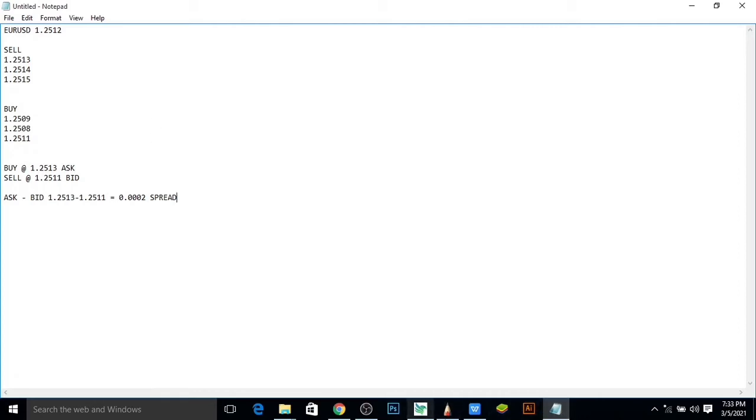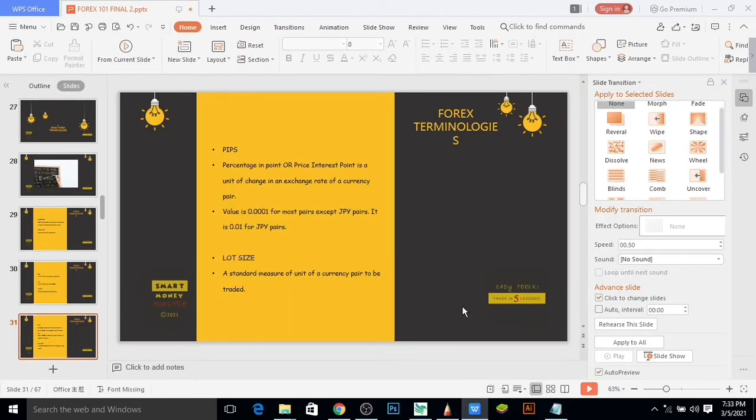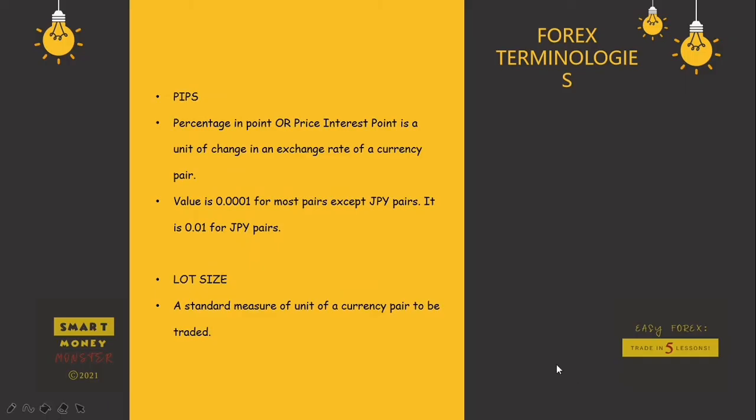So let's go to the other terminologies, the other concepts that we have to understand. Now, pips. Pips is short for percentage in point or price interest point, right? It is a unit of change in an exchange rate of a currency pair.